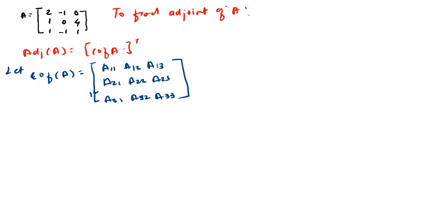Now let's find out every element present in this matrix. So first find A11.